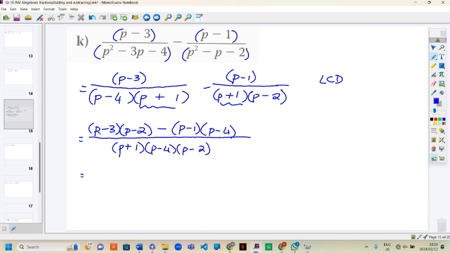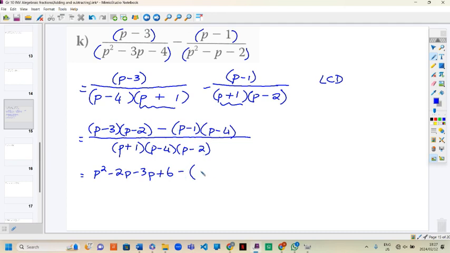Right, so now I need to simplify. Okay, so p times p squared, p times negative 2, negative 2p, negative 3 times p, negative 3p, negative 3 times negative 2, positive 6. Okay, keep my minus, open a bracket. Keep this in a bracket because of that minus, remember. Always remember that.